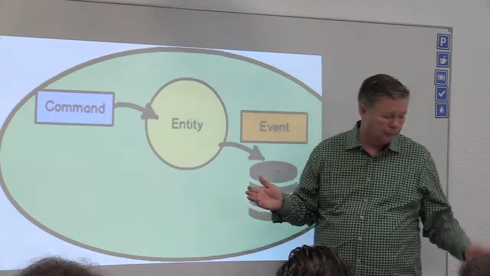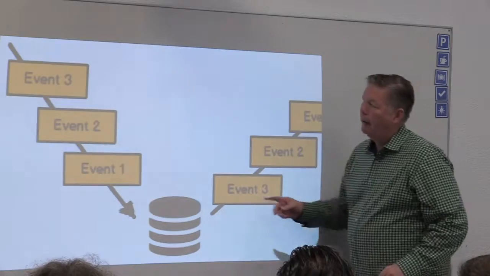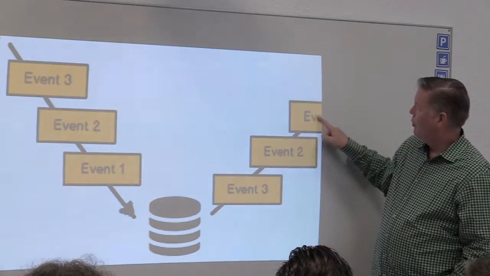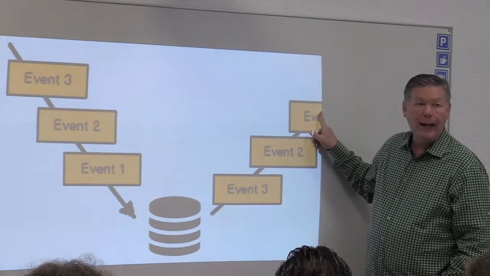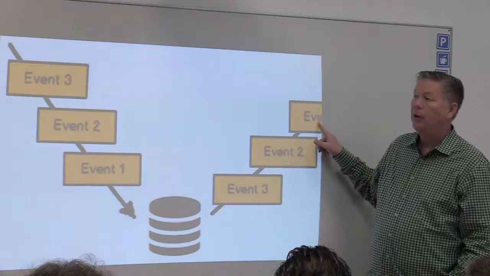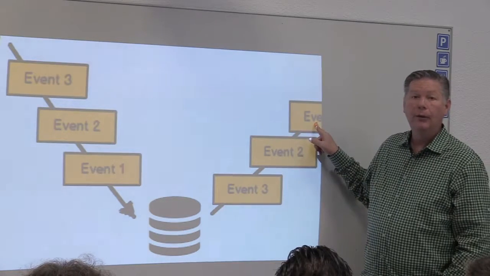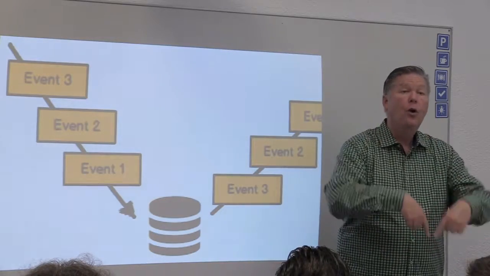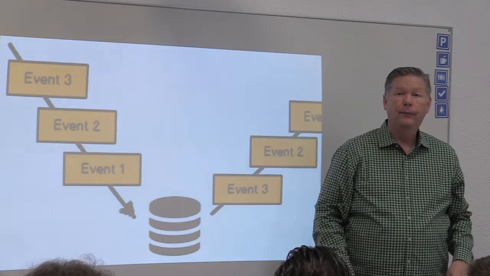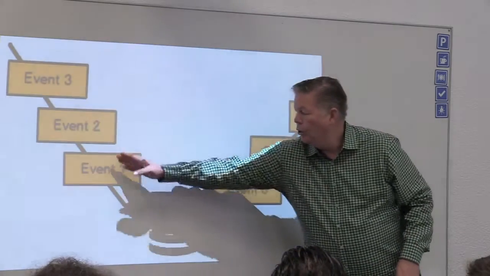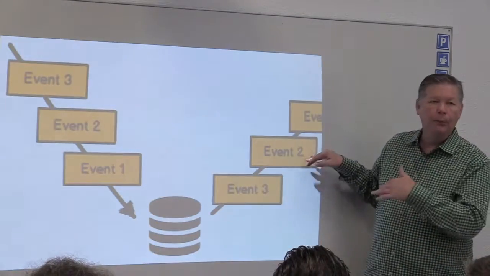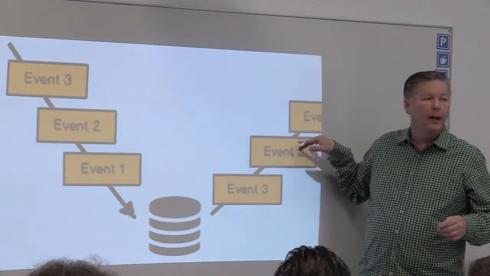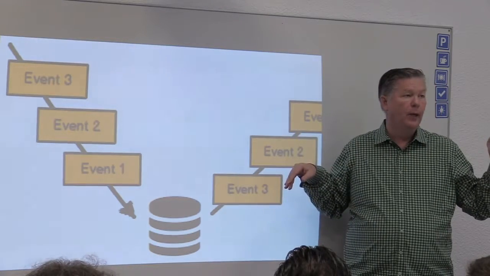Okay? So your events are stored to persistence, and they can be used to recover the state of your entity. They can also be used to send notifications to other components in your own bounded context or in other bounded contexts. And you should strive, if possible, to keep this simple, to keep the events that occur in your bounded context in a total ordering, okay?